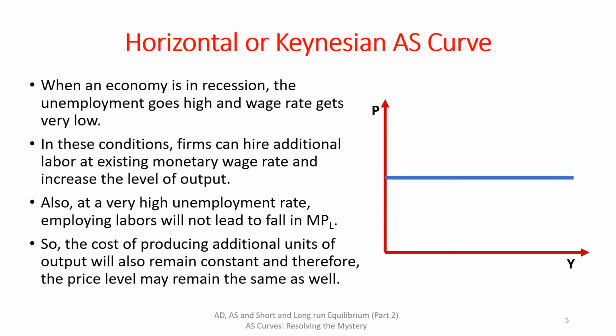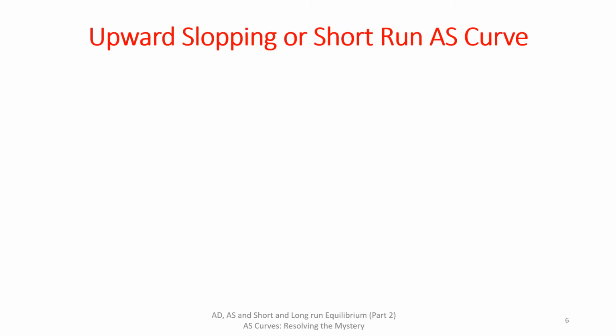Next is upward sloped aggregate supply curve. Students, we talked about two extremes. One associated with classical economists that output is at its potential level, and the other that explains the situation of recession.